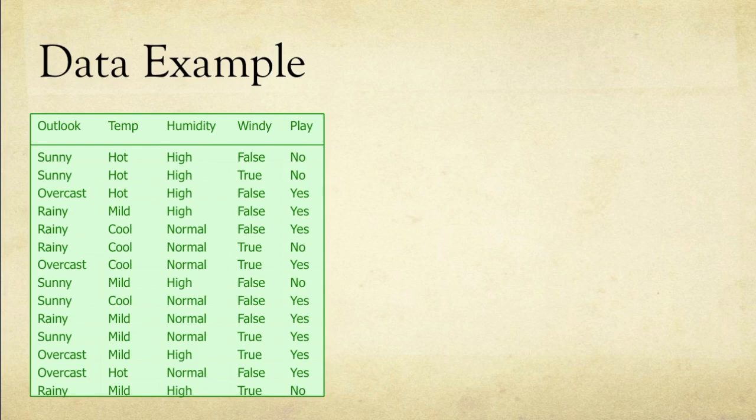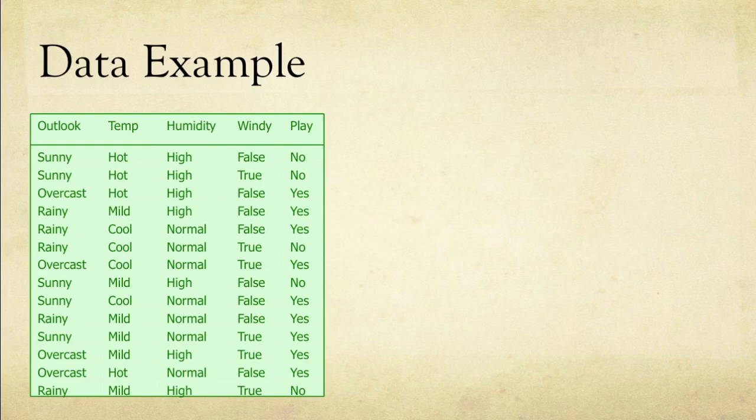The data is about observations of weather condition and whether a game can be played or not under that weather condition. Suppose we have past experience about the conditions and the outcome of the game, and whatever model we build can learn from the past experience, or from the data.